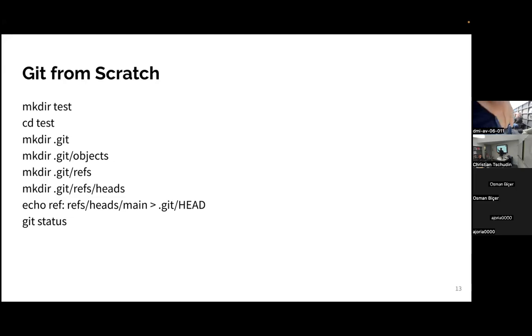The objects folder stores all of our blobs, trees, and commits, and the refs folder, under the subfolder heads, holds the pointers for all of your branches. And then we need a file called HEAD to tell Git what my current pointer or current branch is.